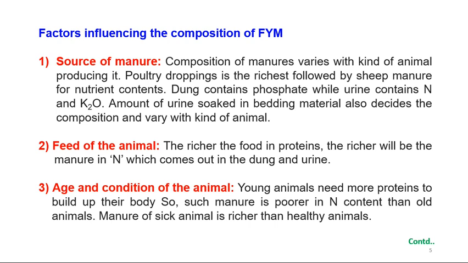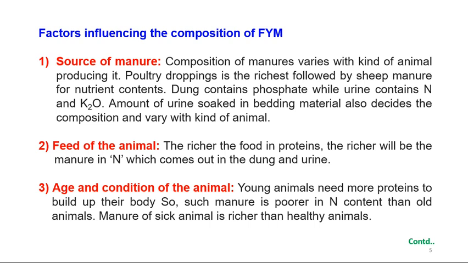So we come to the factors which influence the composition of FYM. Firstly, source of manure. Composition of manure varies with the kind of animal producing it. That means which type of animal is producing the manure.